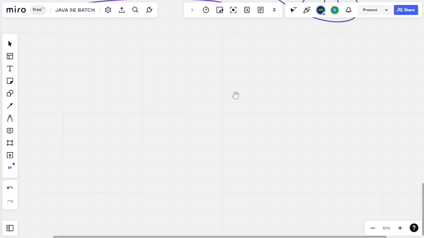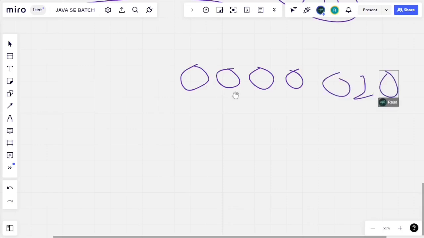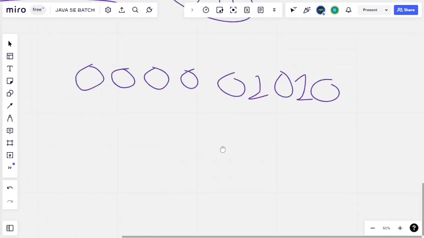We'll say 0, 0, 0, 0, and then 0 again, 1, 0, 1, 0. Pardon my handwriting, this is a very weird one. So now this is our number 10.